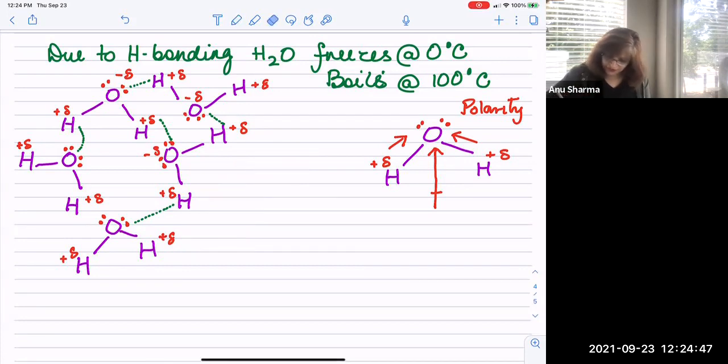So that network that exists, I'm going to just put it in, this is hydrogen bond. It's between the neighbors.